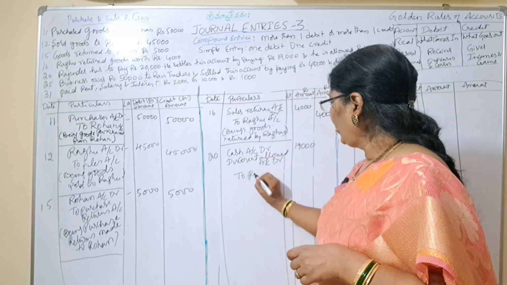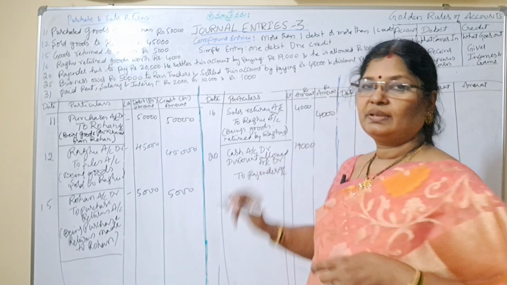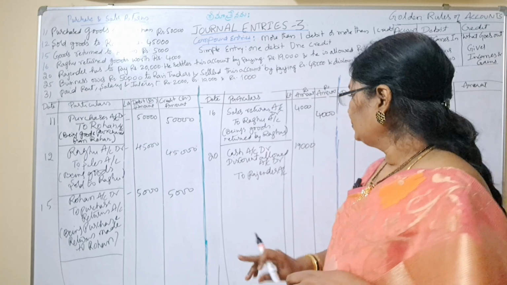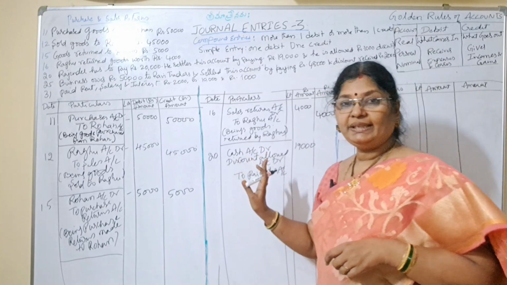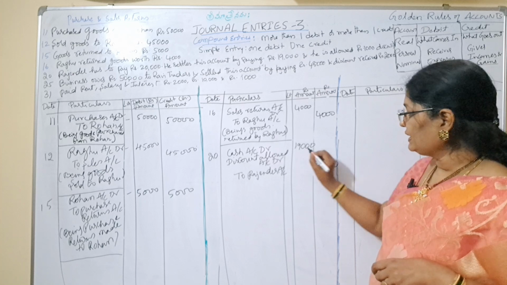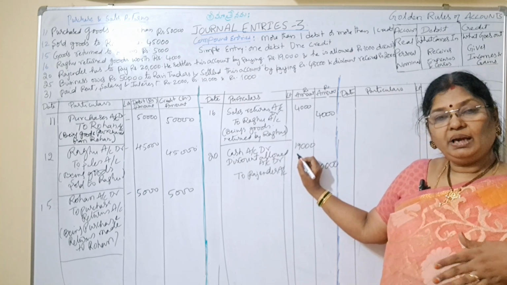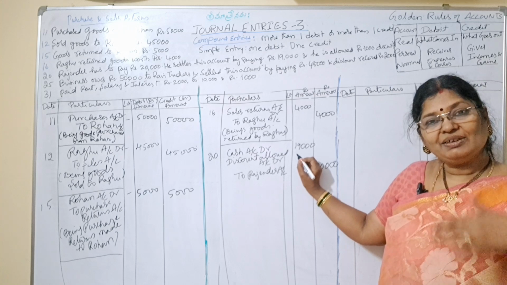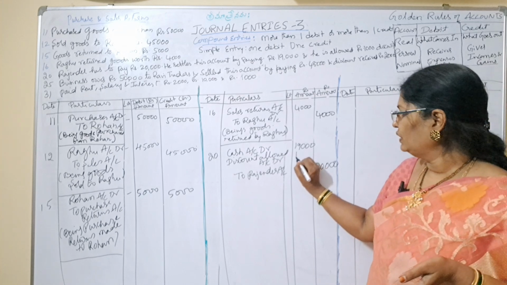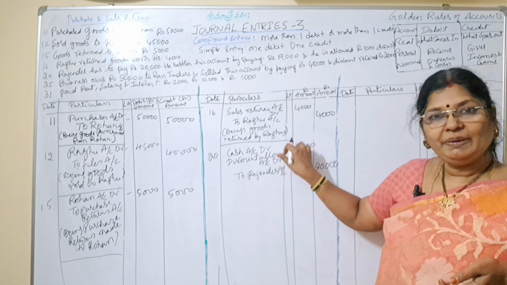Rajendra. To Rajendra account. Is it clear? So how much do we have to receive? 20,000. But how much have we received? Only 19,000. So the amount we received less, 1,000, is called discount allowed to them.